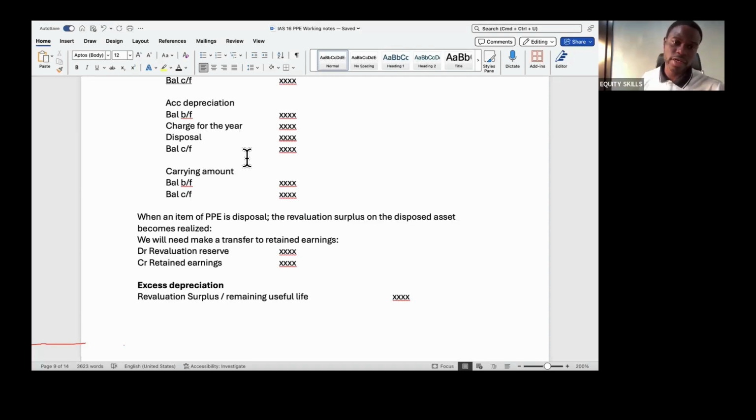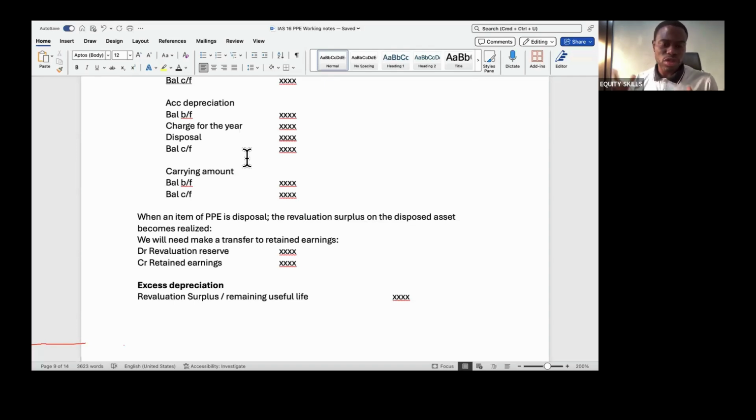Fantastic. Good reasoning, right? So two things. Number one, IAS 1 and IAS 16 specifically mentioned that we should take it to retained earnings to avoid unnecessary issues. And more or less, most items in P&L, any profit you did not distribute ends up in retained earnings.